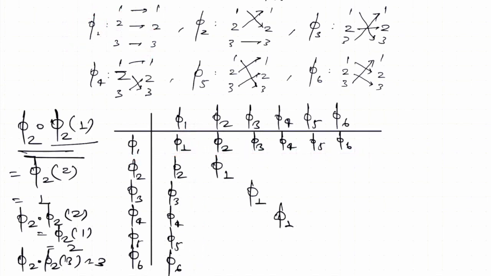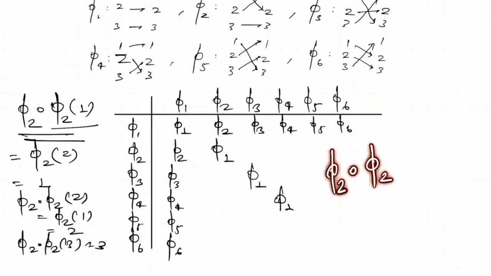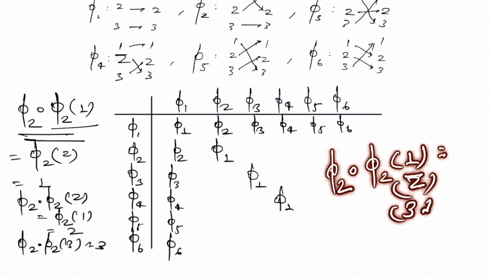In order to evaluate phi 2 composed with phi 2, we apply it on 1, 2 and 3. If you apply phi 2 composed with phi 2, you can see that phi 2 of 1 is 2, and again phi 2 of 2 is 1, so it will be 1.